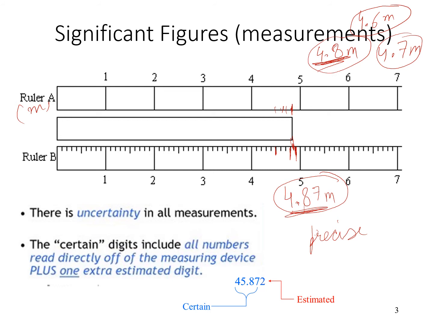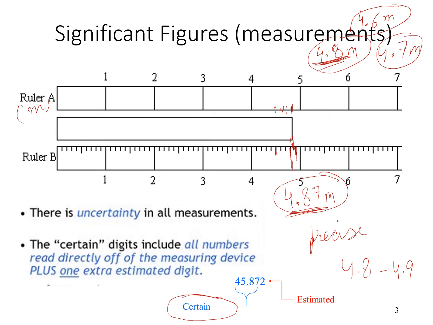Whenever you're making a measurement, you have to consider what is certain. You always write down the digits that you're certain of using your tool. For instance, when I was using this bottom tool, I'm certain that my value is between 4.8 and 4.9. So I'm certainly sure that it is above 4.8, right?